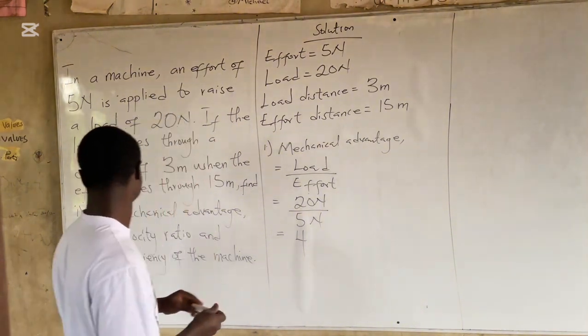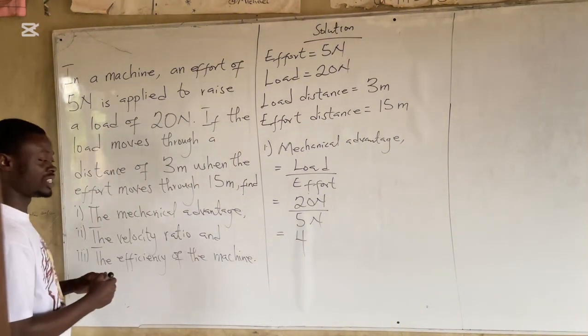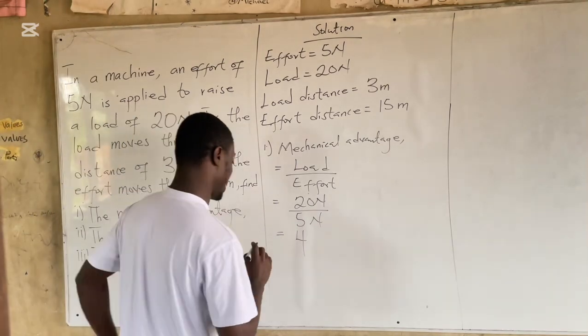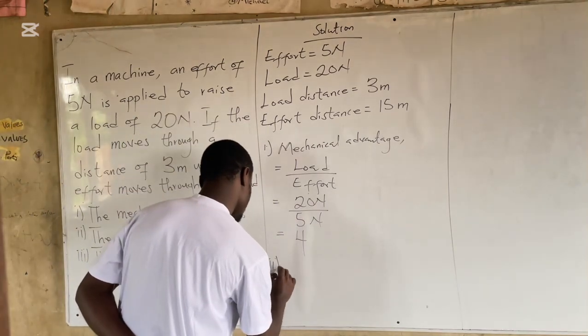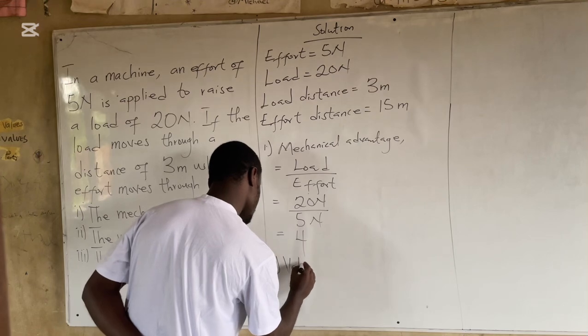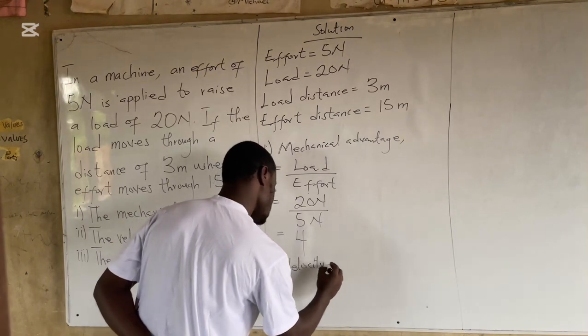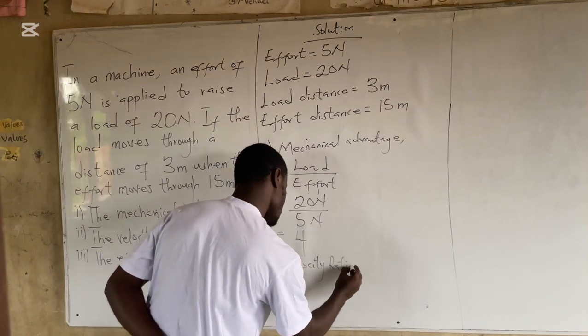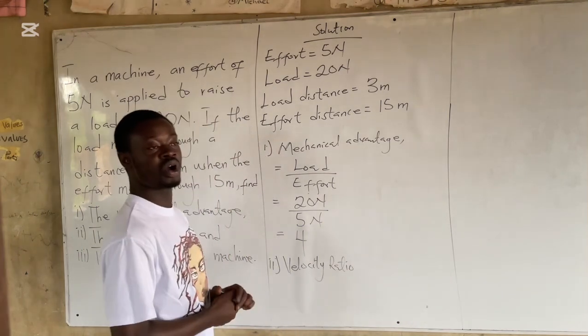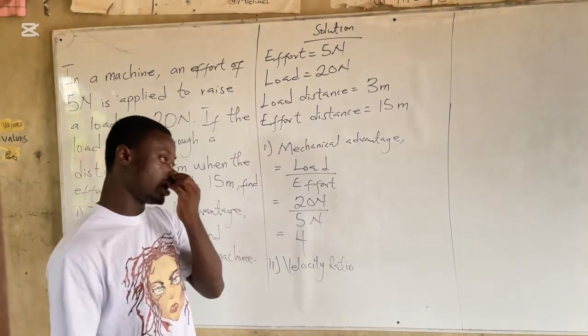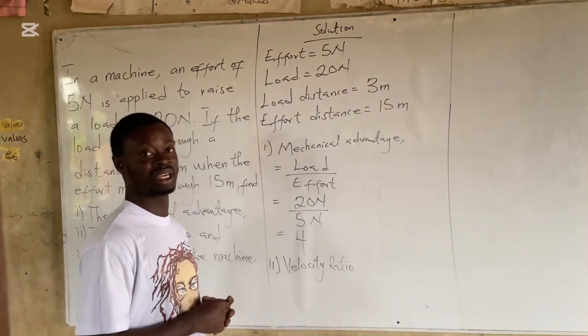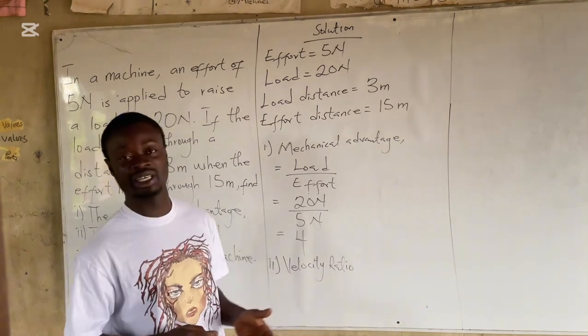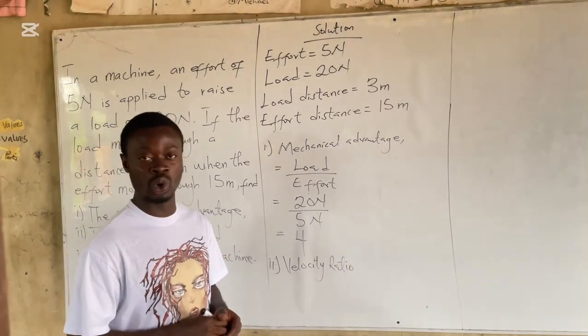Okay, let's continue. II, the velocity ratio. So II, velocity ratio. Okay, so velocity ratio is also expressed mathematically as the effort distance divided by the load distance.